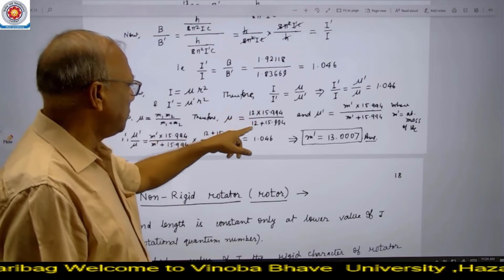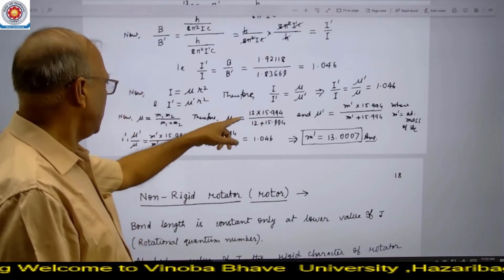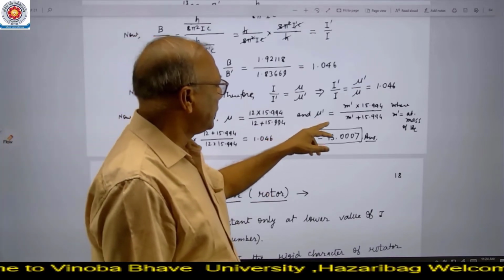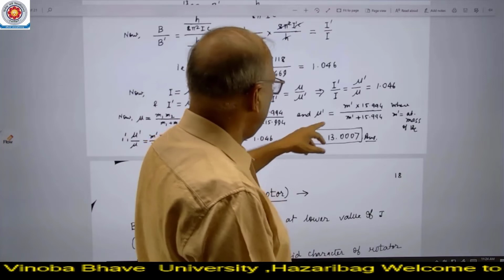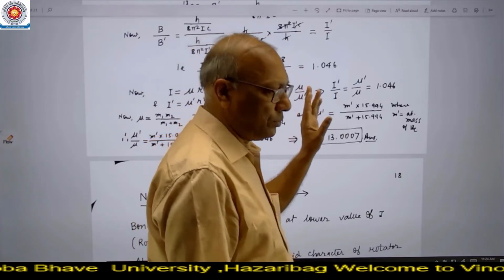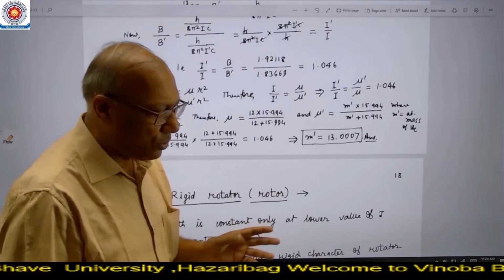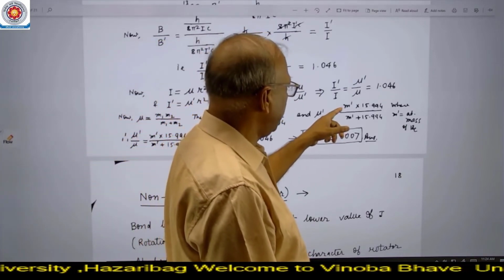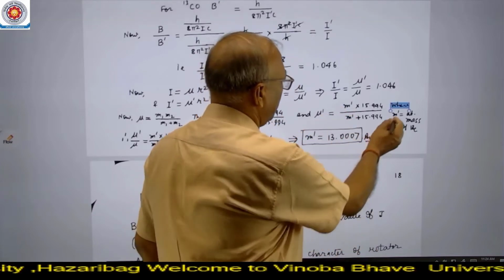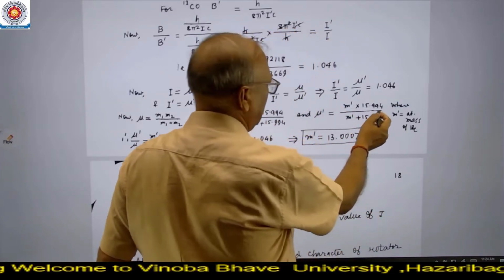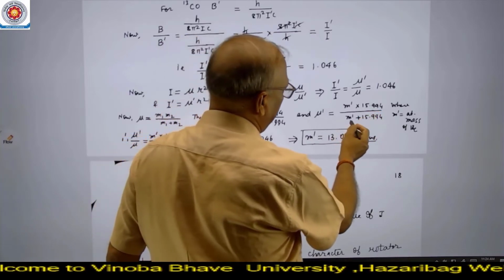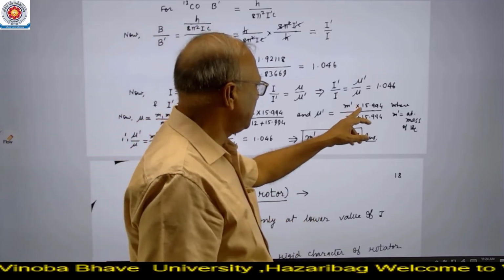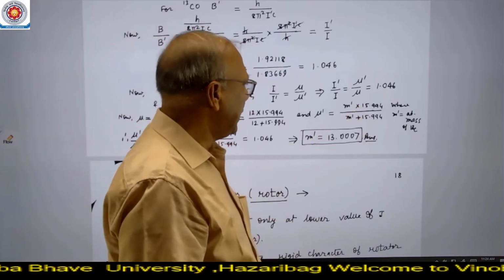Similarly, mu prime, if you calculate, then here we have to calculate the value of the mass of the C13 carbon atom. So here we have written m prime into 15.994, which is the mass of the oxygen atom, divided by m prime plus 15.994. Here it is a multiplication sign, here it is an addition sign.